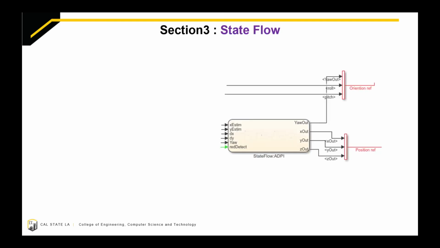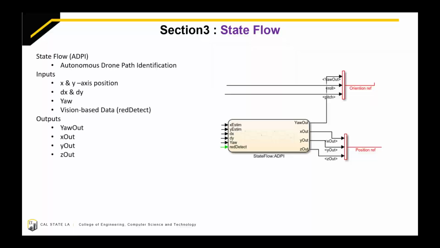Now let's talk about the state flow section. We named our state flow block ADPI, which stands for Autonomous Drone Path Identification. Before getting into the code within the block, it is important to understand the input that will be needed. As shown, there are 4 inputs.